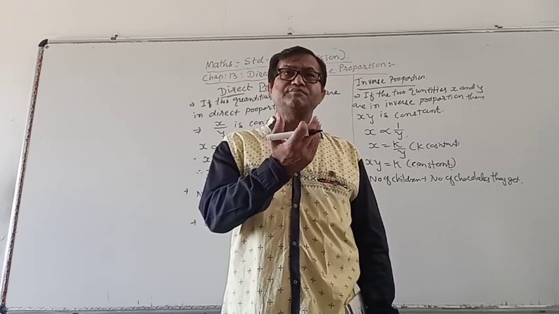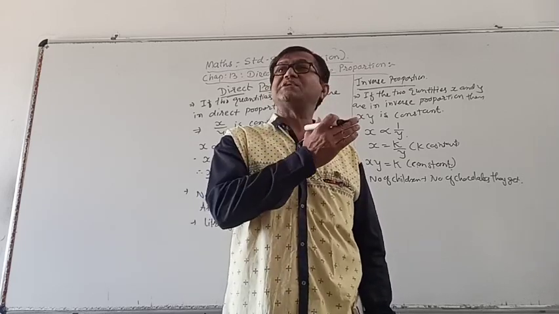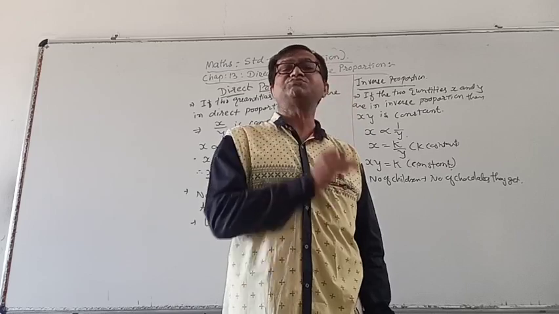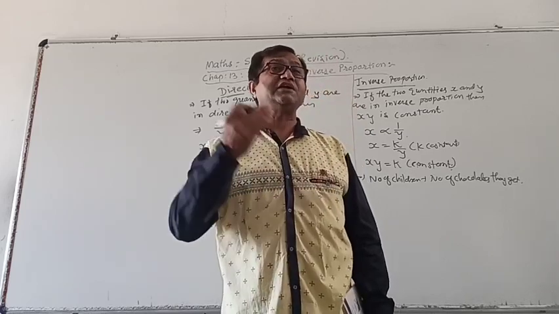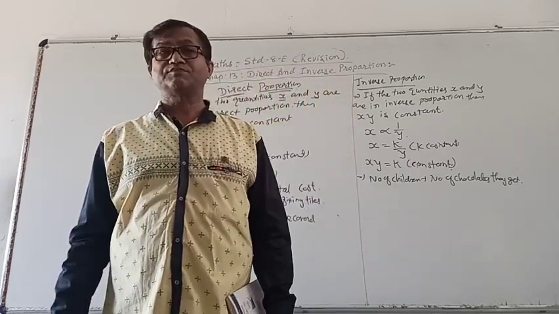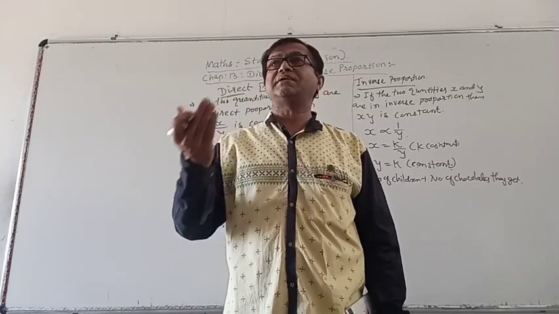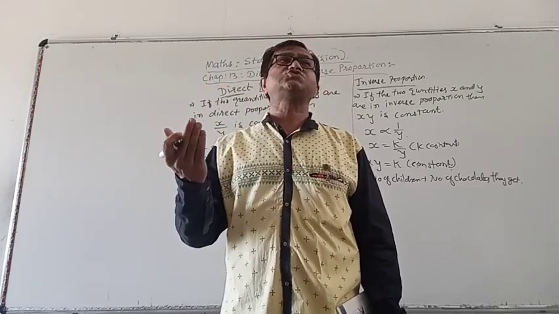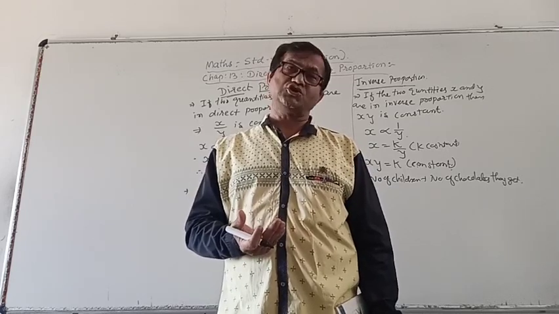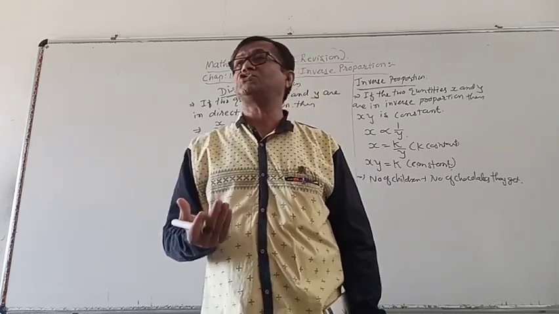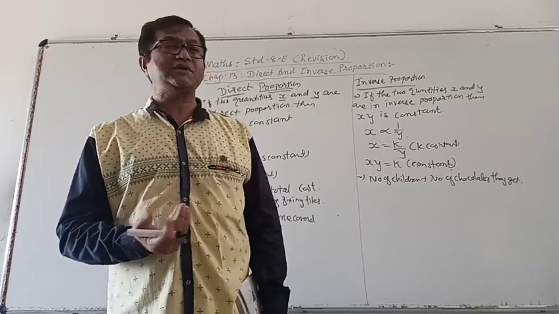But if the number of employees is very small, then it will take more time. So the number of workers and the days to complete that job are also in inverse proportion.